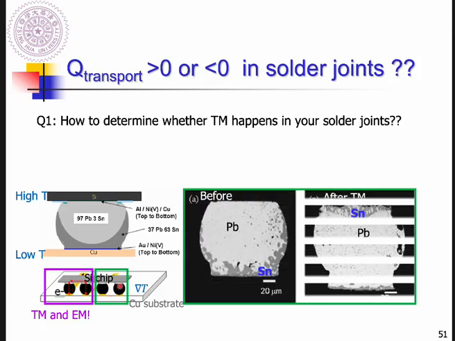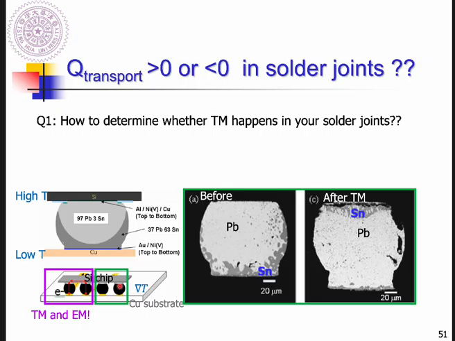So by analyzing the element or atomic distribution along or inside the solder bond, you can make sure whether thermal migration really happens under this specific temperature gradient, right? So yes, this can answer question one.